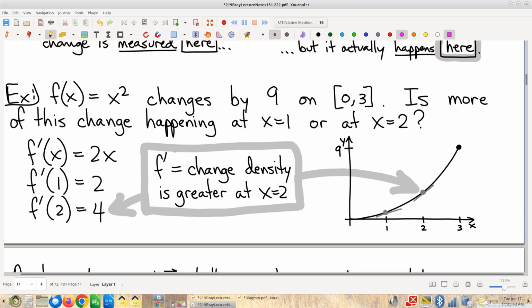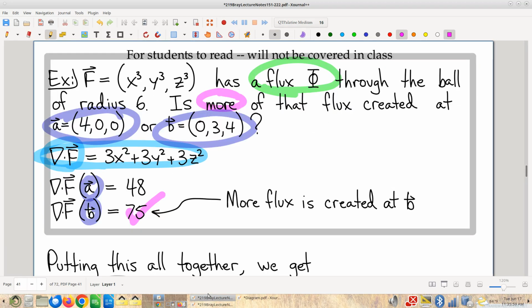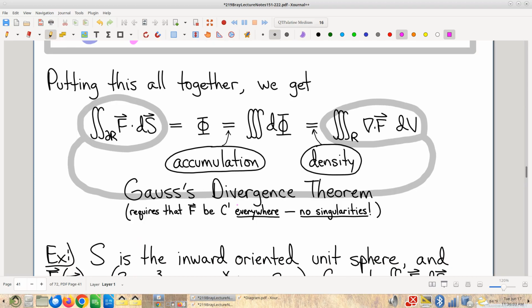And again, you can see it right there in the picture. So it's an object computed on the boundary, but we are realizing it as something accumulating over the interior, and the density tells us literally where and how much. Okay. All right. Okay, so all of that said, put it all together. Here's our theorem. We have this quantity called boundary flux.